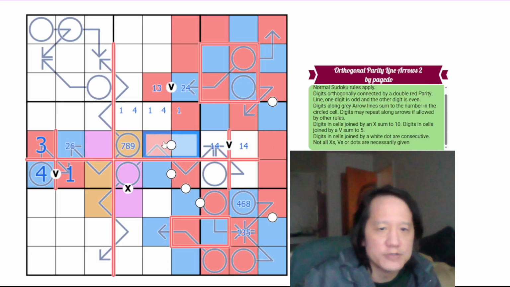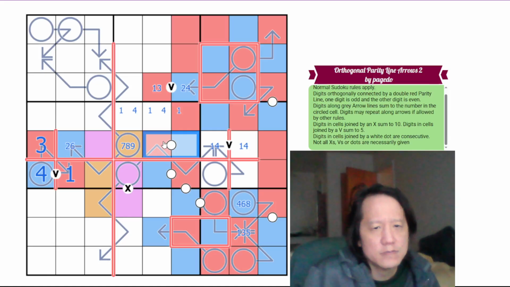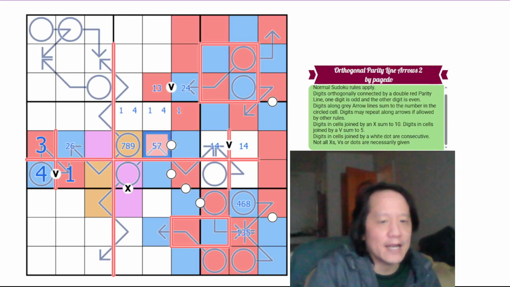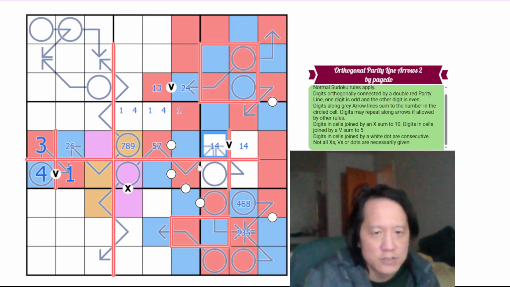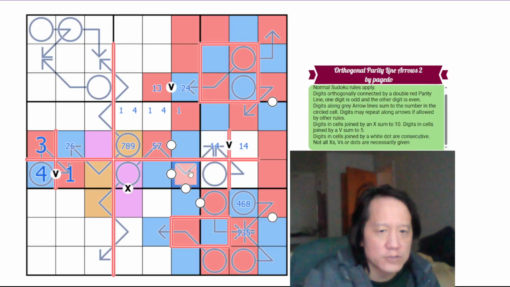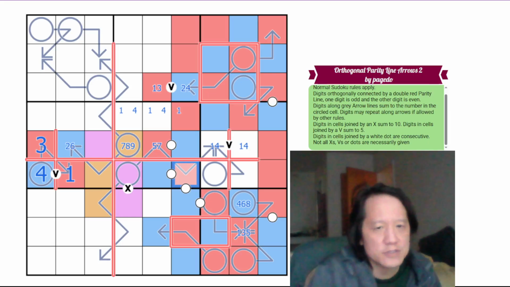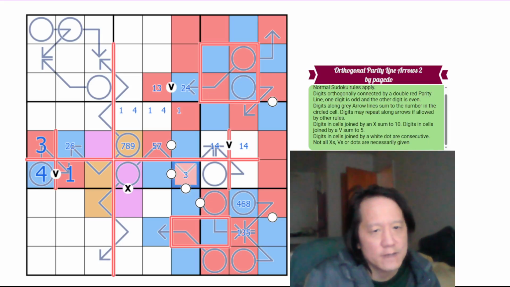Oh, okay, that's interesting. So you cannot have 1, 2, 3, or 4 here. So this is 5, 7, or 9. Cannot be 9 because of 2 digits in the same. Okay, so this can't be 1. So this is at minimum 3.